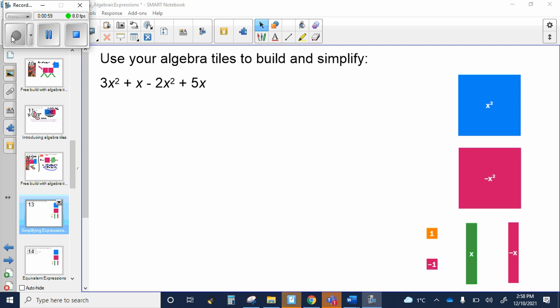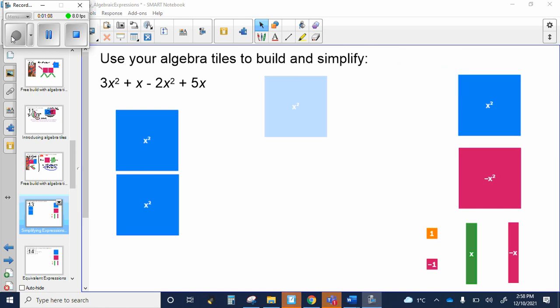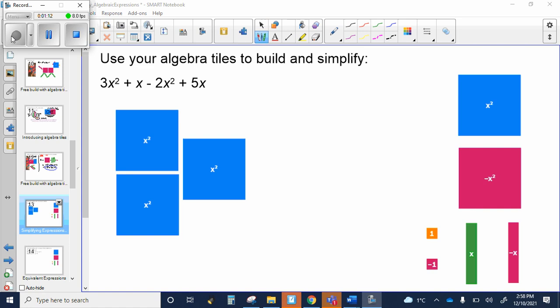Notice how we have 3 x squared tiles. So I'm going to pull those into place. Okay, so I've got these 3 tiles. That takes care of this particular term here. And then to that, we're going to add an x tile. So let's bring one of those out into place.